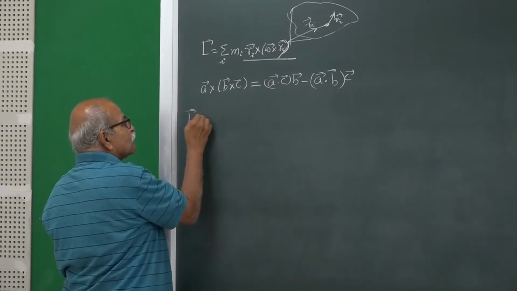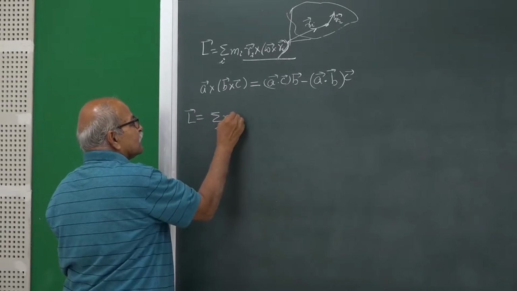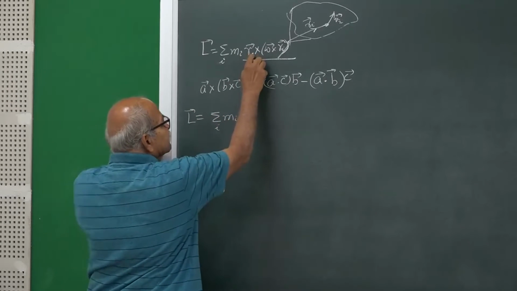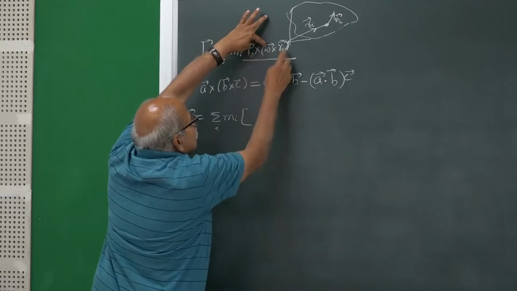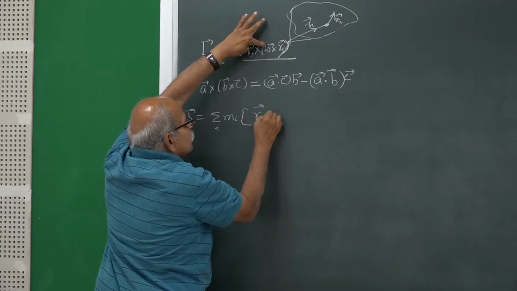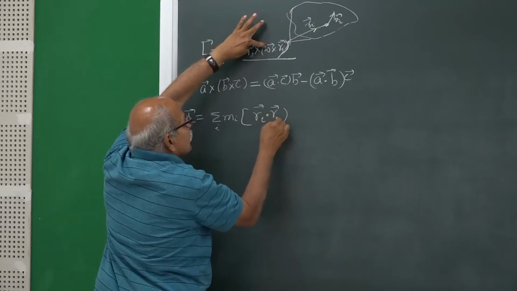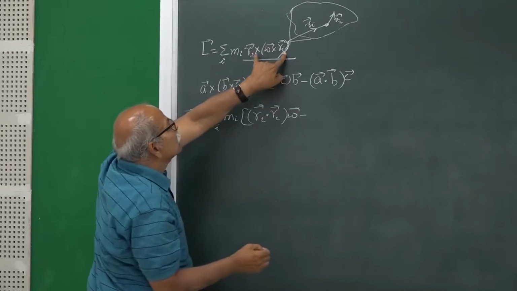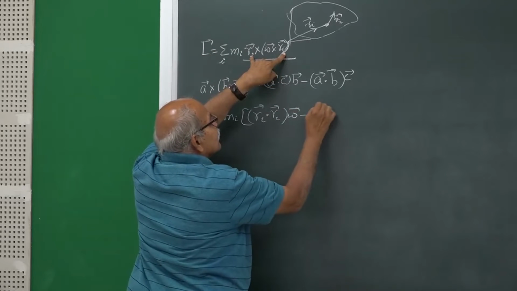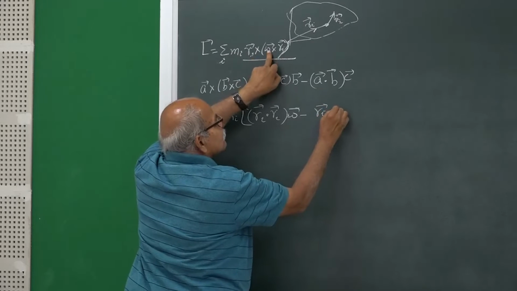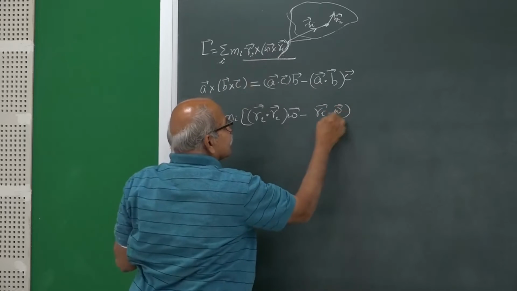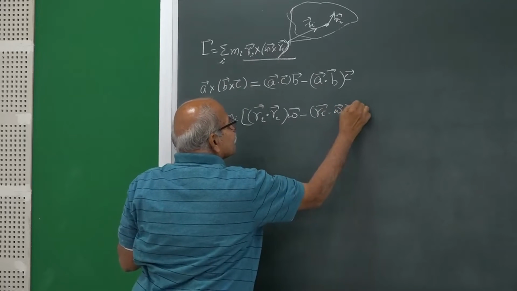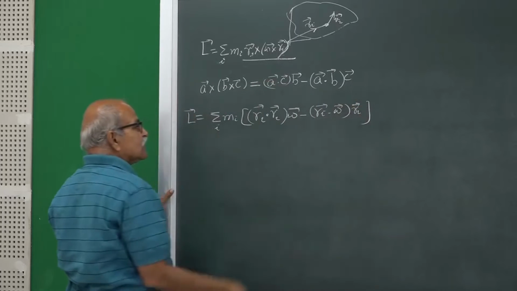So, L is equal to summation over i m_i, then this has to go out. So, this dot this, r_i dot r_i and the omega here, and then minus, now this has to go out, so r_i dot omega, and then this r_i here.